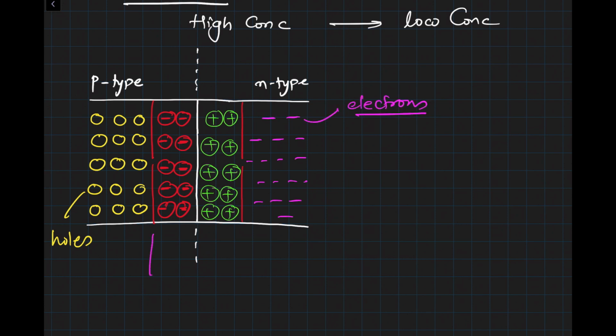This colored area here is called the depletion region. And since we have this charge buildup here, let me rewrite this.